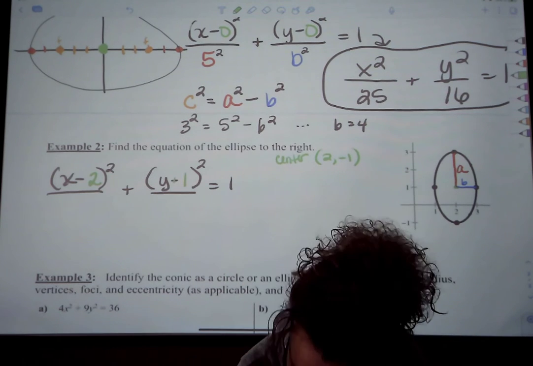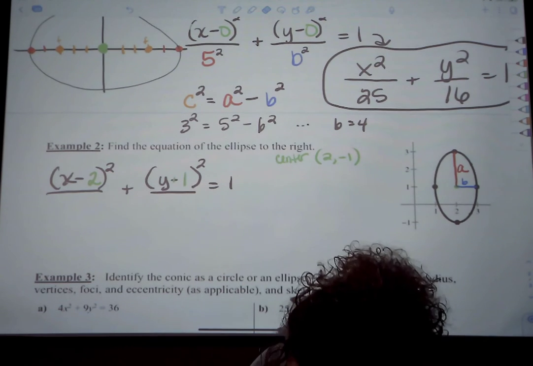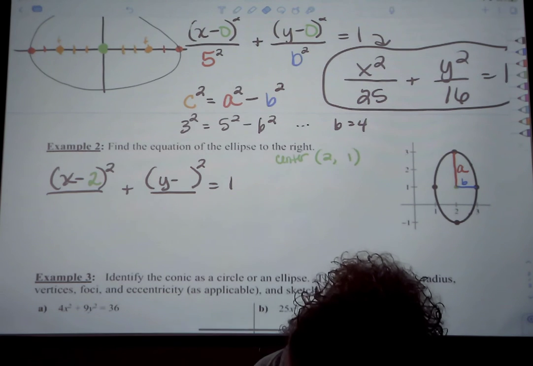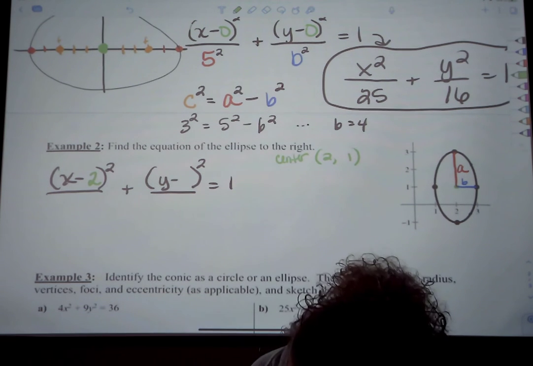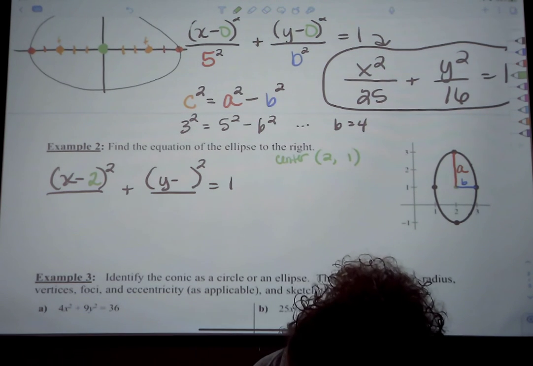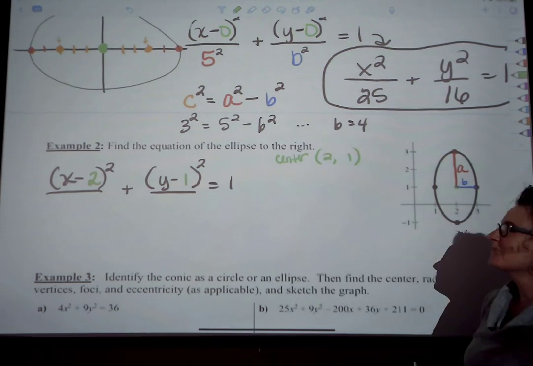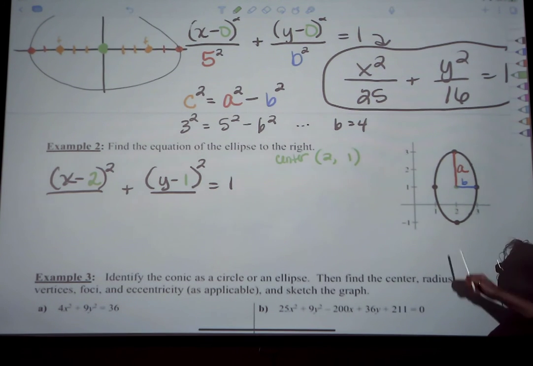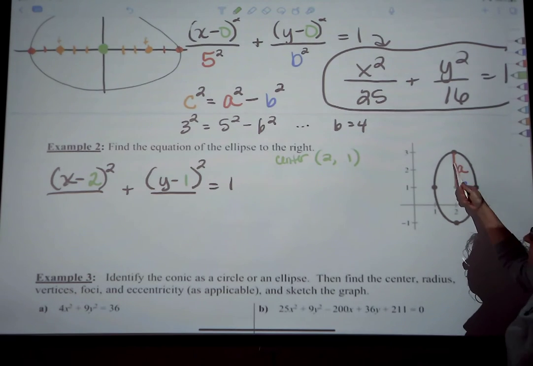Just kidding. You all caught this probably 3 minutes ago. My bad. I wish you could have told me. Center's at 2, +1. Anyway, and then this A is 2.